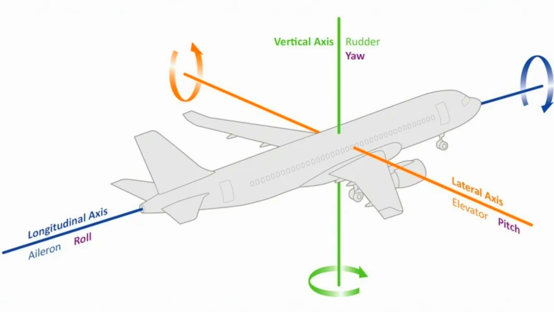Now, I want you to imagine that there is a string coming out of the tail and a string coming out of the nose, and we're pulling that string so tightly that the aircraft is still, it's balanced. But if we twist the rope a little bit, you will see the aircraft's wings will begin to move up and down. This is what's called roll on a longitudinal axis.